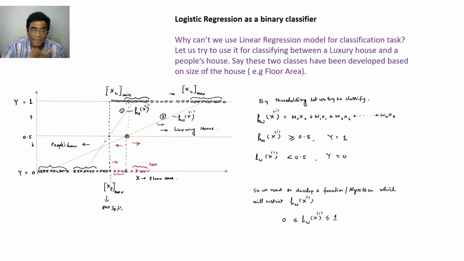It could be 800, 900, 1000, 2000, 3000. So the upper bound is not given. Here also I have told that anything less than 800 square feet will be people's house. I have not said what happens to 799, 700, 600, 500, 400, 300 square feet, right? So the lower bound is not specified, and the upper bound is not specified.